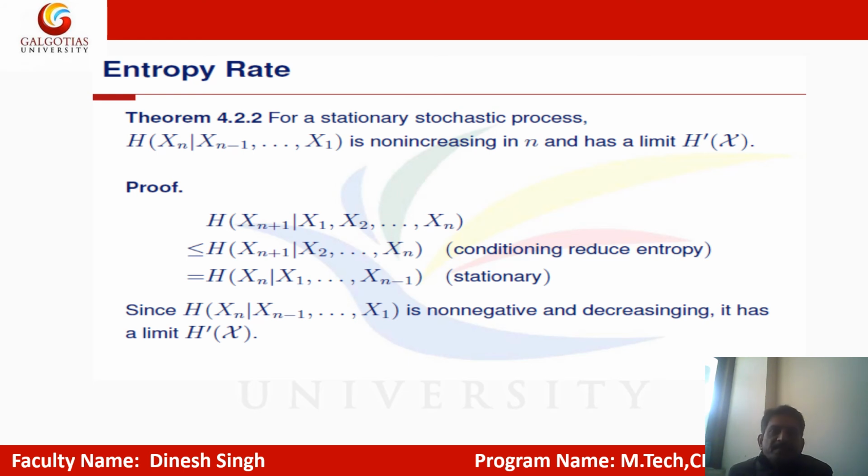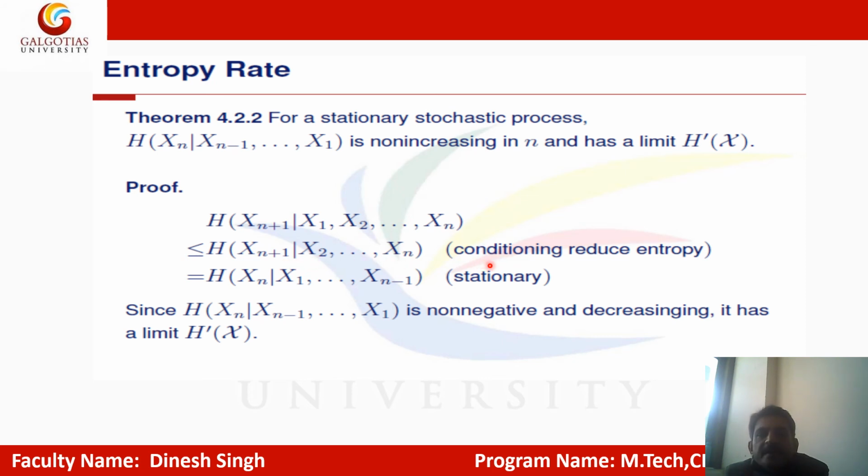The theorem: for a stationary stochastic process, H of Xn given X of n minus 1 up to X1 is non-increasing in n and has a limit H dash of X. So here we can see that H of X of n plus 1 given X1, X2 up to Xn is less than or equal to H of X of n plus 1 given X2 up to Xn.